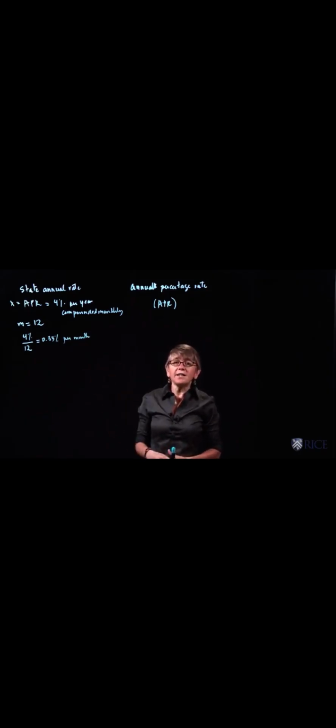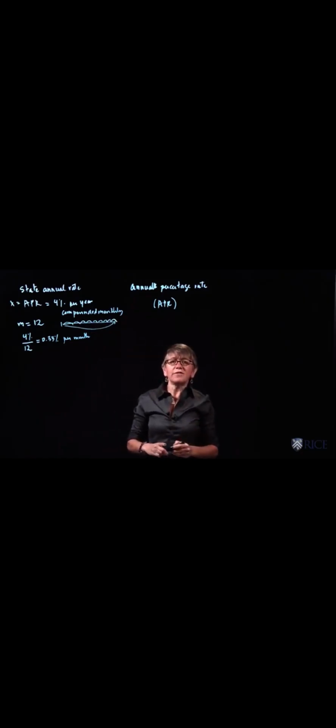Now let's find the effective annual rate. What we're doing is finding the effective rate per year if the interest rate is being compounded every month. You can think of this the following way.